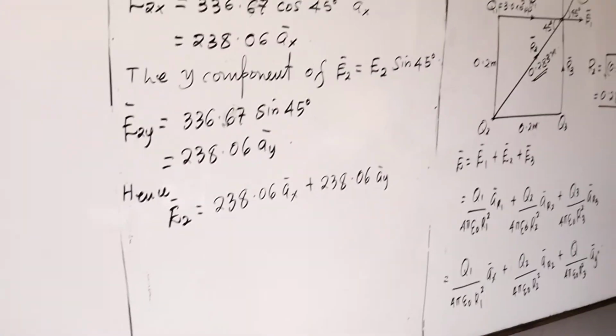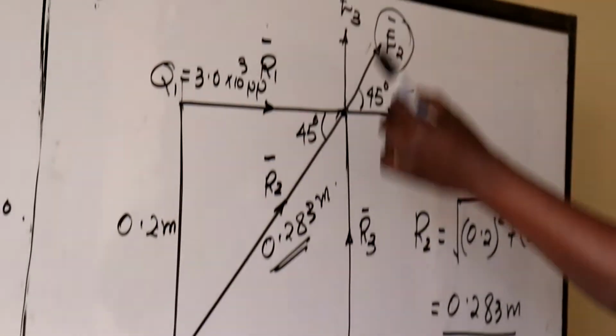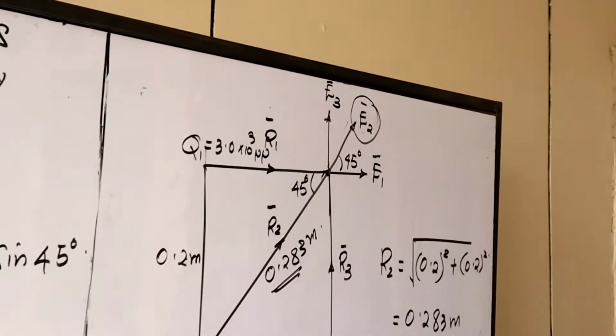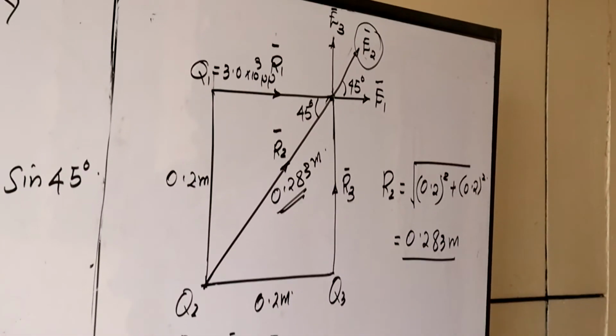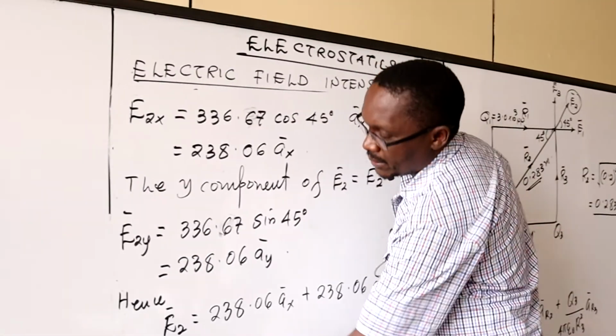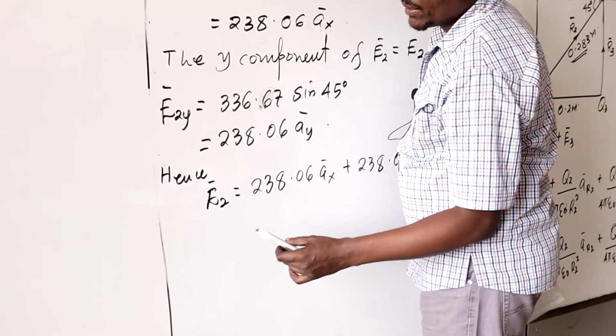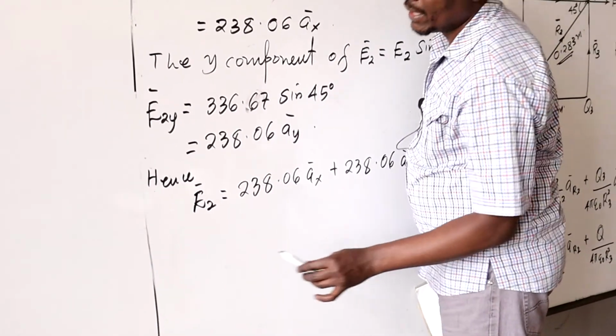Then finally we can also get our E3, which is common. It's along the AY direction, yeah? E3 and E1 must have the same magnitude, but the difference is the direction.